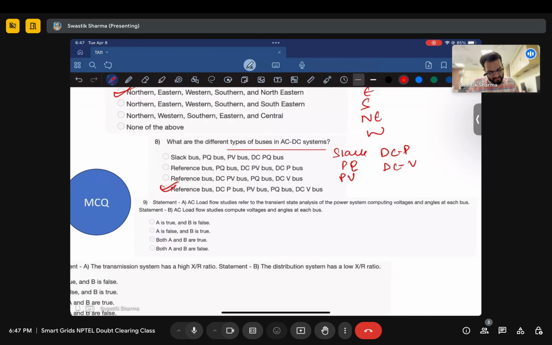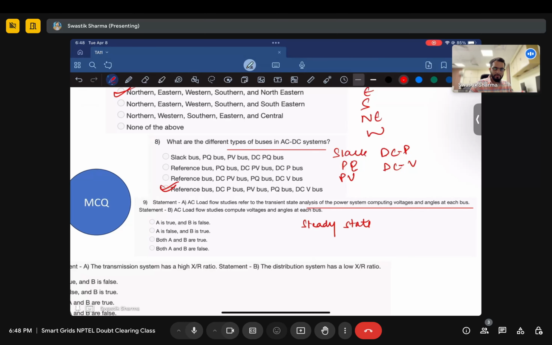Next question. AC load flow studies refer to the transient state analysis of the power system computing voltages and angles at each bus. So yes, load flow studies are used to figure out the voltages and angles at each bus, but these are steady state analysis. So what do you mean by steady state is that you don't account for the transients that are occurring in the system.